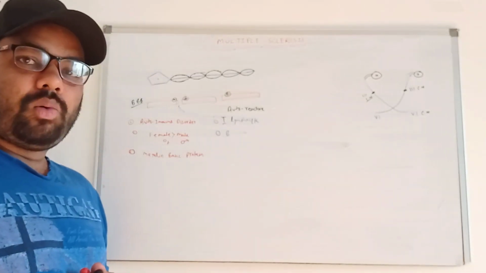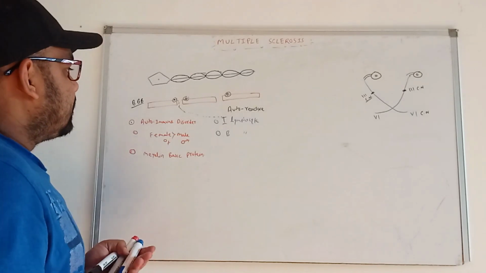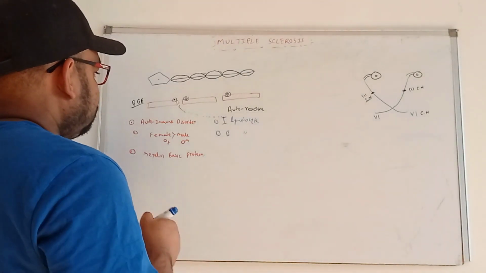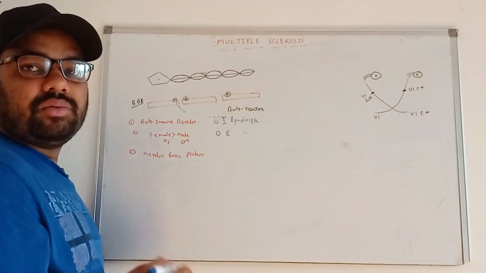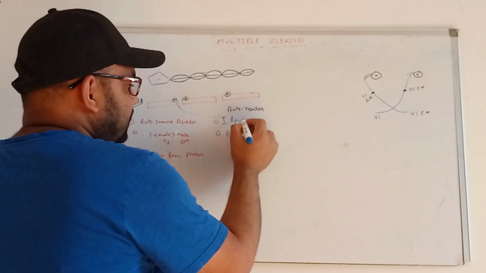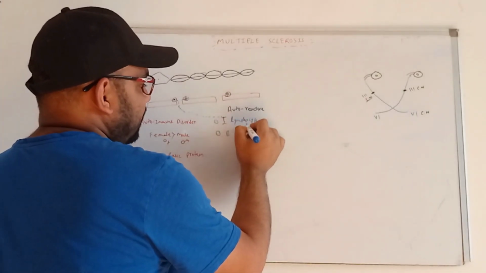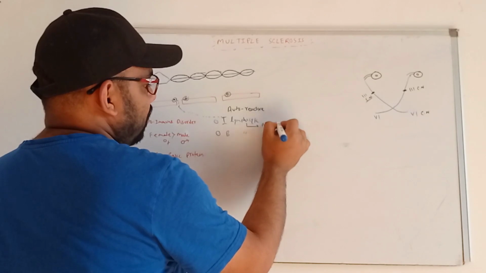Okay, after that, what kind of changes will we get to see? See, in these cases the myelin basic protein is present within the cells, intracellularly, right? So this T lymphocyte will attack the myelin basic protein.